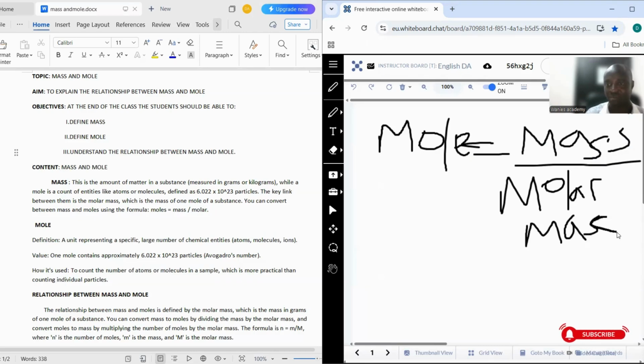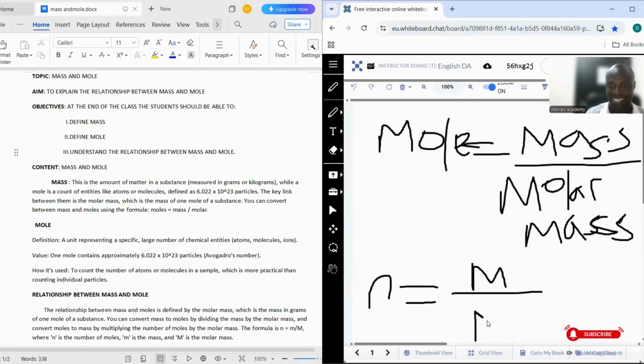So if we are to denote this equation symbolically, mole is denoted with small letter n, so we have that n equals mass, denoted with small letter m, over molar mass, denoted with capital letter M. So in essence, mole equals mass over molar mass. Take note of that.